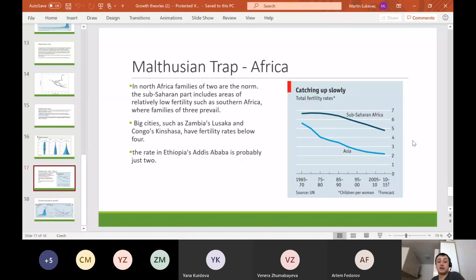And again, it's really important to stress the effect of urbanization, because for example, there are stats from big cities like Lusaka or Congo's Kinshasa that the fertility is already way below 4. In Addis Ababa in Ethiopia, it's only 2.